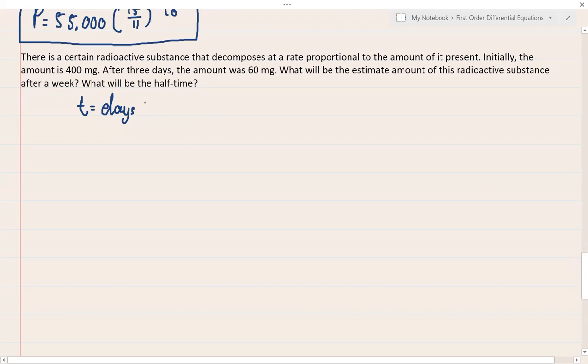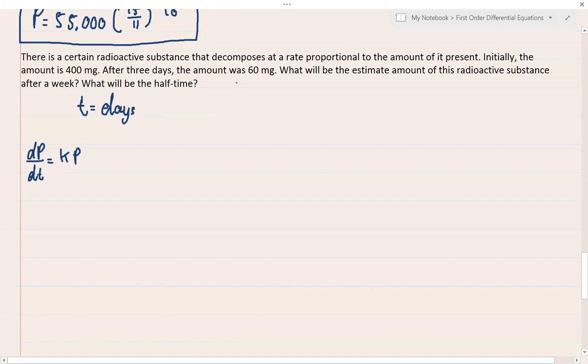Okay? So, ngayon, dito, if you're going to recall, what would be the formula gagamitin natin sa laws of growth and decay? We will use dP all over dt is equal to kP, di ba? However, take a look at this point. There's a certain radioactive substance that decomposes. Decomposes. What does it mean?